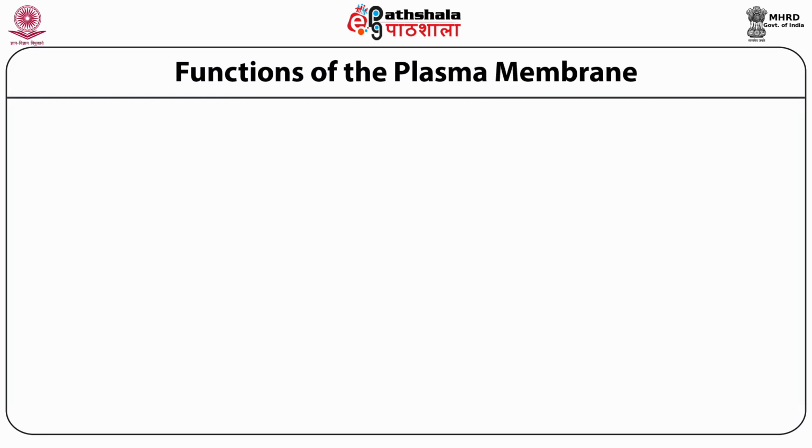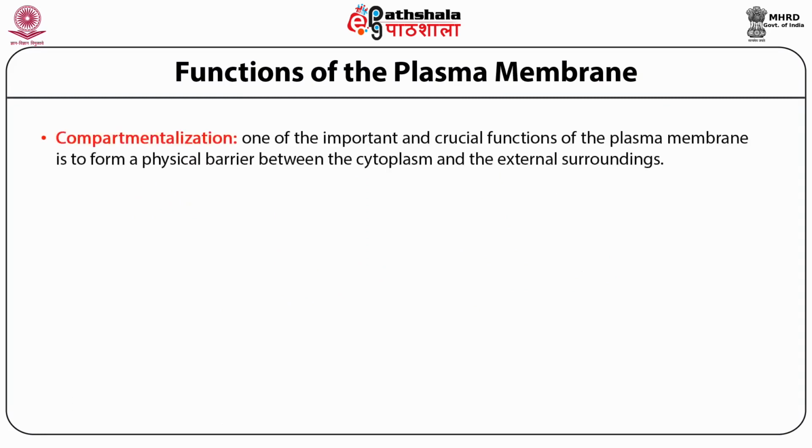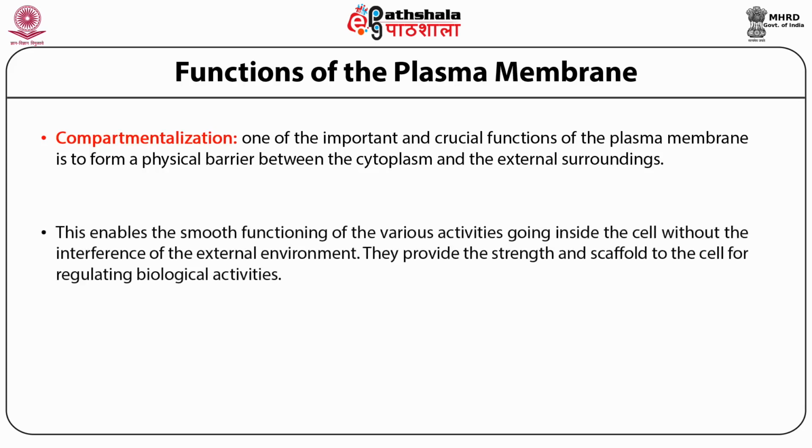Now, coming towards the function of the plasma membrane. One of the important and crucial functions of the plasma membrane is to form a physical barrier between the cytoplasm and the external surroundings. This makes the compartmentalization, which is happening only because of the plasma membrane. This enables the smooth functioning of the various activities going on inside the cell without interference from the external environment.